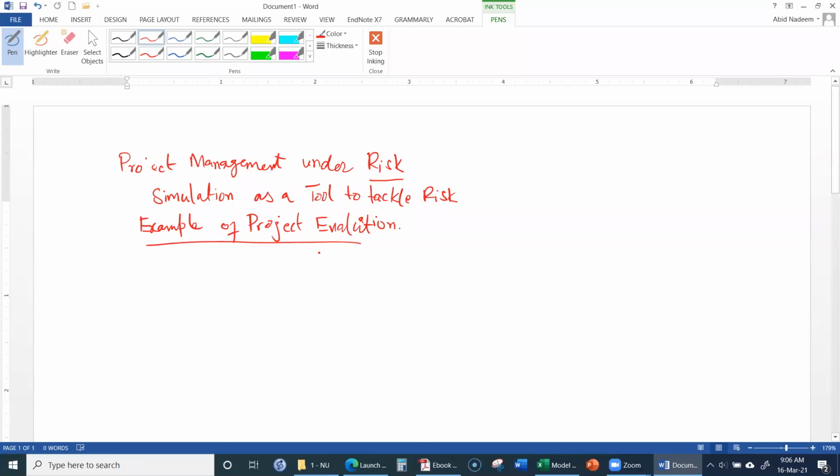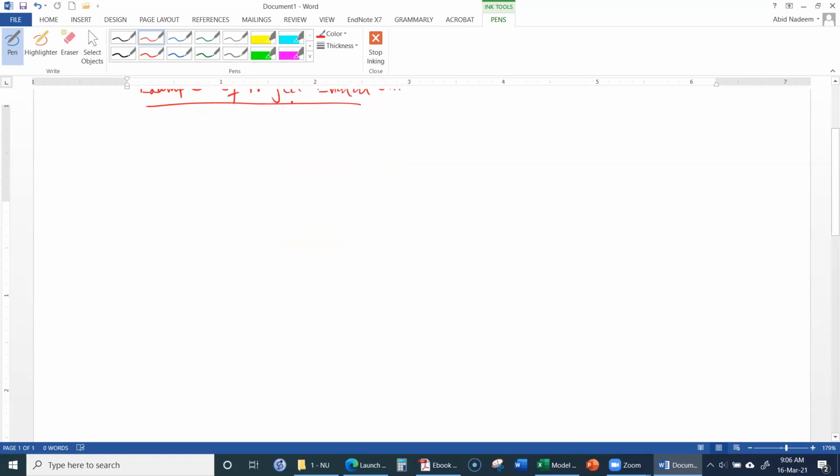So suppose you have a project which needs an initial investment I of $100,000. Okay, and that project is expected to produce an annual benefit of $25,000 annually, for a foreseeable future of about 8 years.